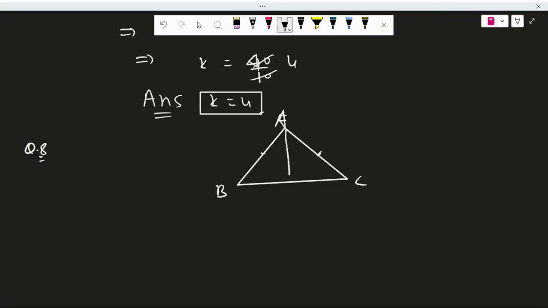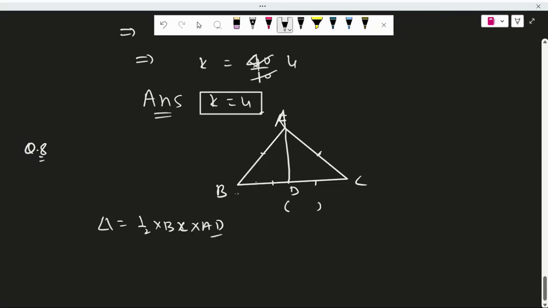Draw a perpendicular to BC. Then using the midpoint formula, you will find the coordinates of D. Find the length of AD. Then the area of the triangle will be half into length of BC into AD. That's it. Okay.